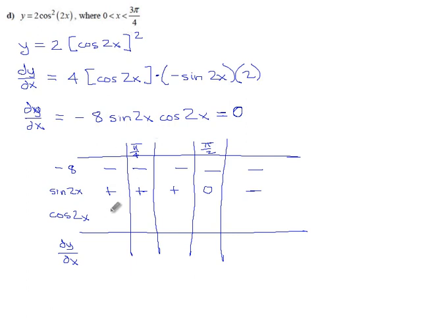For cosine 2x, if x is like 20 degrees, double that, you get 40. Cosine 40 is positive. Pi by 4 is 45 degrees. Double that, you get 90 degrees. Cosine 90 is 0. In here, where we have something like 60 degrees, double that, you get 120. Cosine 120 is negative. Pi by 2 is 90. Double that, you get 180.